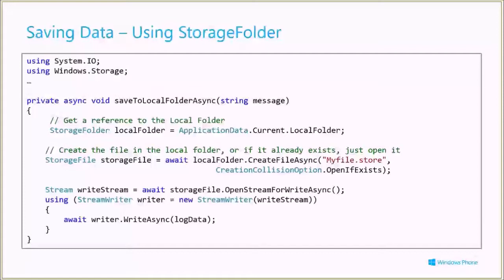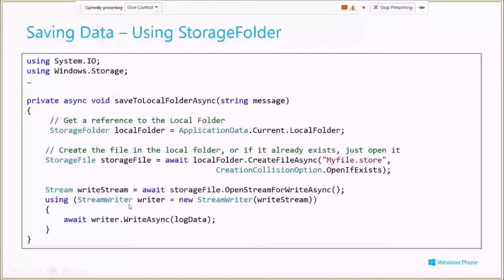Then you implement a stream writer, so you can create a stream. We call it write stream, whatever you want to call it. It's asynchronous. You call it asynchronously so that you save the UI of the main thread and make the application more responsive. Then you create the open stream for writing asynchronously, and then the stream writer.